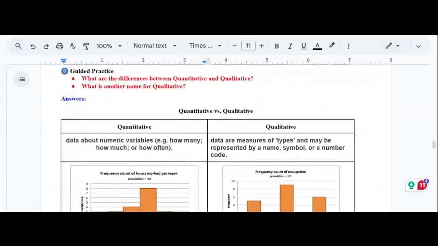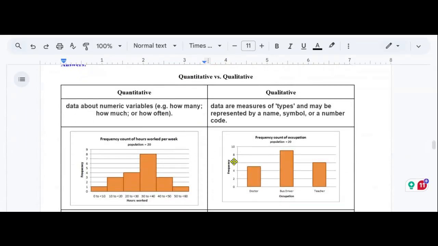Guided practice here. Now I want to focus on these two different types of graphs, and tell me what's the difference between this one and this one. Quantitative versus qualitative. Quantitative means numbers, right? And qualitative means what? Words.